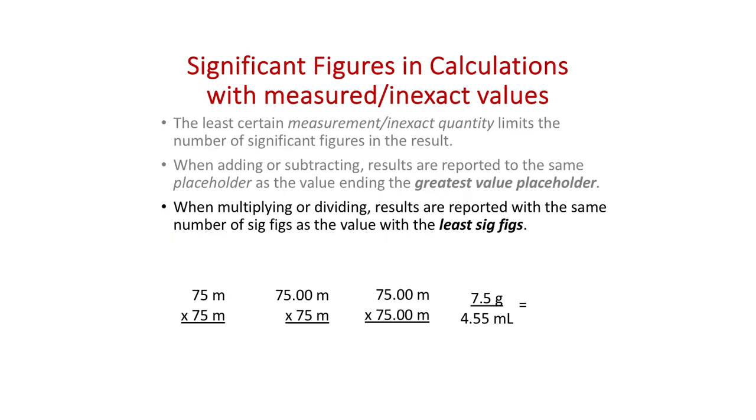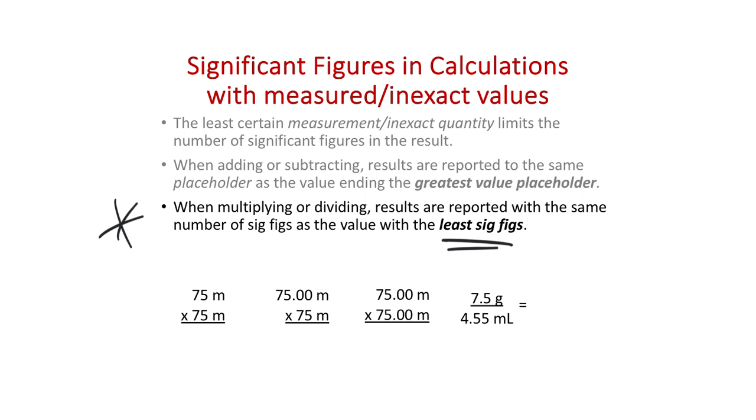Okay, so then when we get to multiplying and dividing, this is actually a very easy rule. The hard part is not applying it to addition and subtraction, just applying this to multiplication and division. The rule is the results are reported with the same sig figs as the value in the problem that has the least number of sig figs. We're counting sig figs here, and it leads to our rounding.